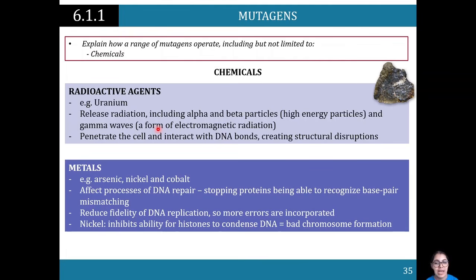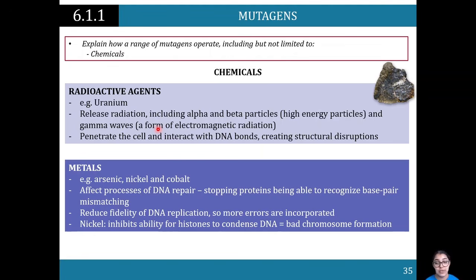But if that repair system is affected, which is the case with metals, they can stop proteins from being able to recognize base pair mismatching. So any incorrect base pair matching is not detected, that mutation goes unnoticed, and it reduces the fidelity of DNA replication, so more errors occur.